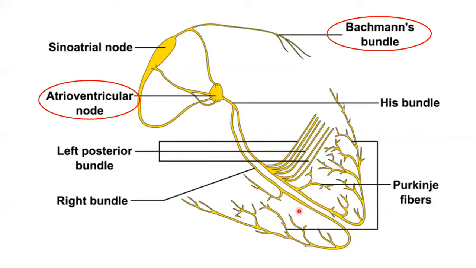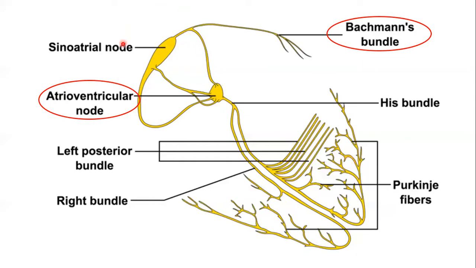The right and left ventricle fibers then, at the end, have a meshwork or network of nerve fibers known as Purkinje fibers. Finally, these Purkinje fibers transmit the impulses to the cardiac muscle cells. These cardiac muscle cells will initiate the action potential and then depolarization, and that will result in the contraction of the heart muscles.